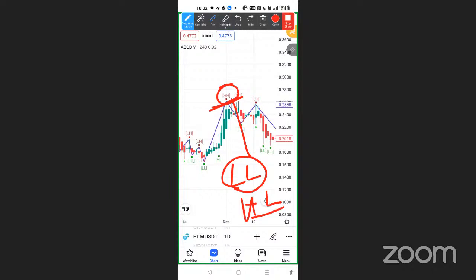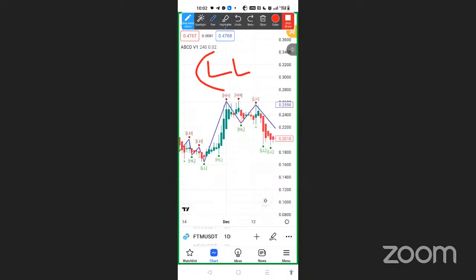So a downward trend is made up of lower lows and what we call lower highs. And an upward trend is made up of higher lows and higher highs.